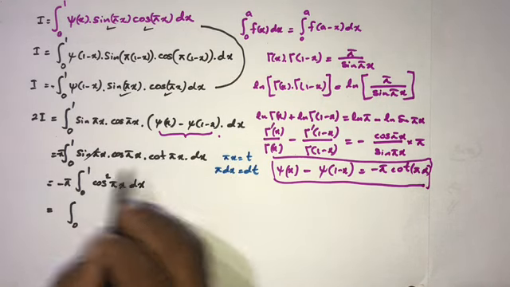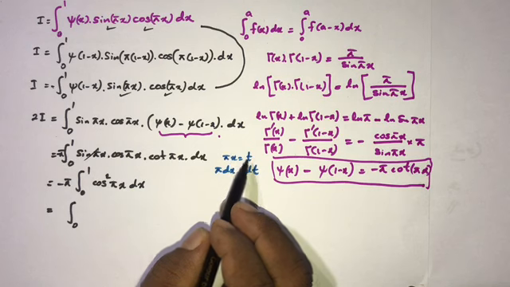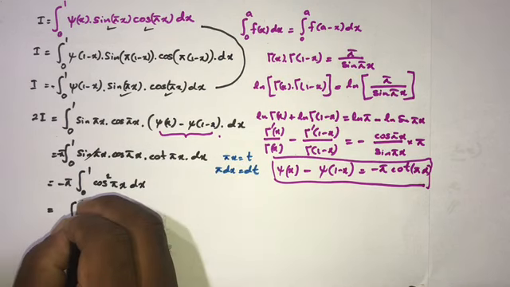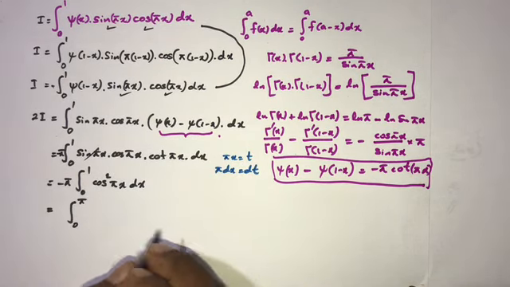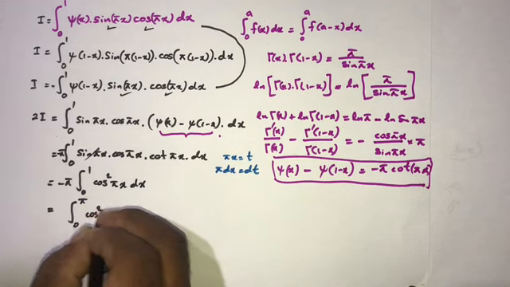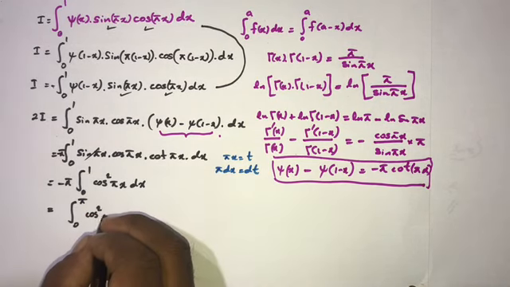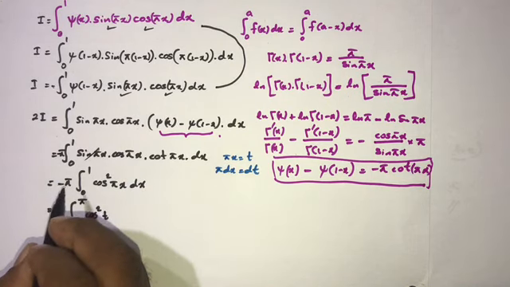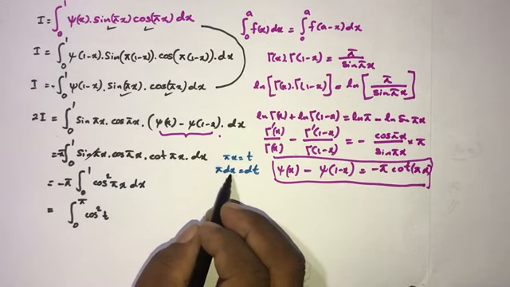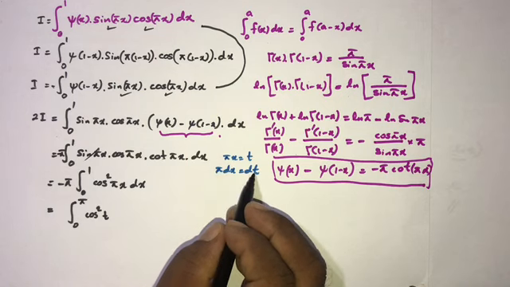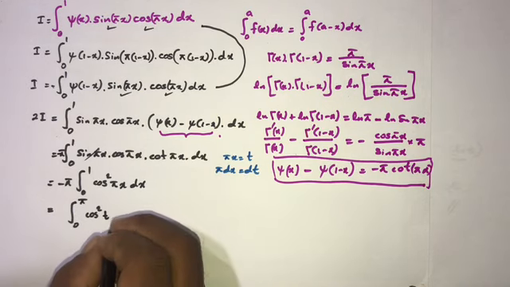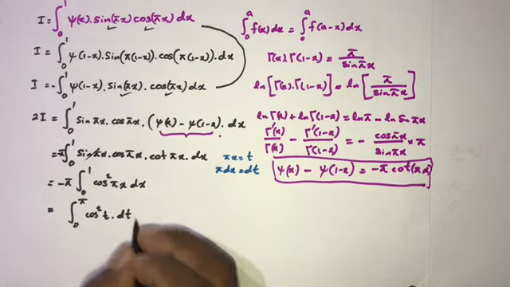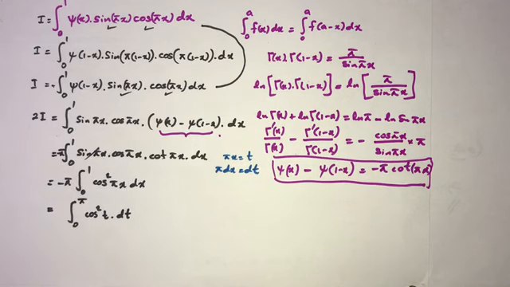When x approaches 1, we know t approaches pi. So the limits are 0 to pi. Now here cosine square of pi x, we know t, and here dx and pi: pi times dx is equal to dt. So here only dt.